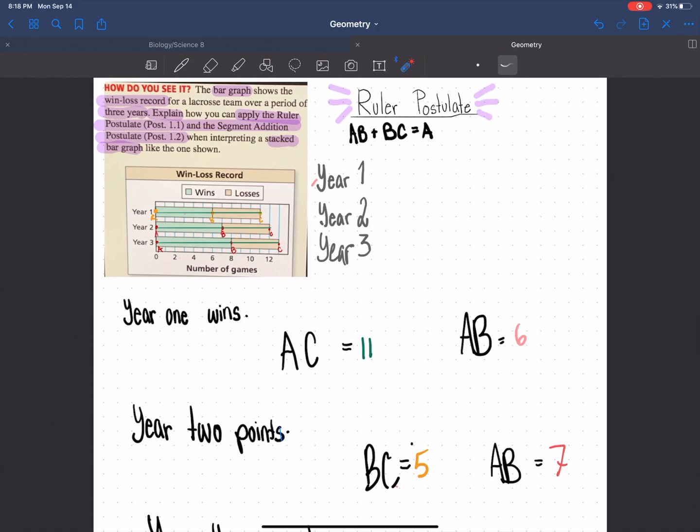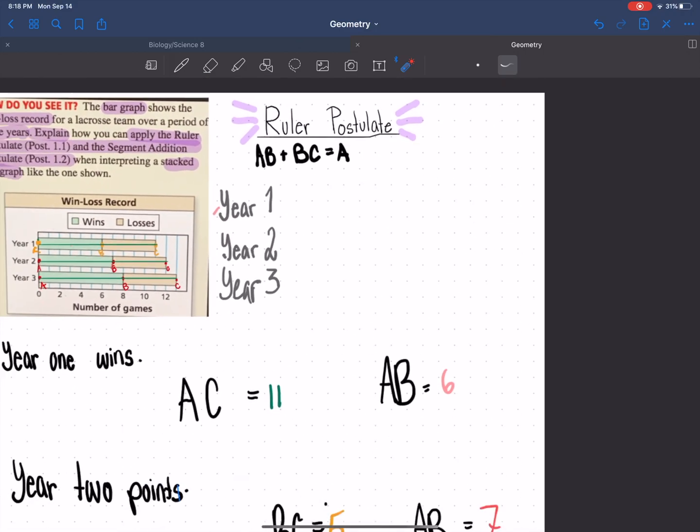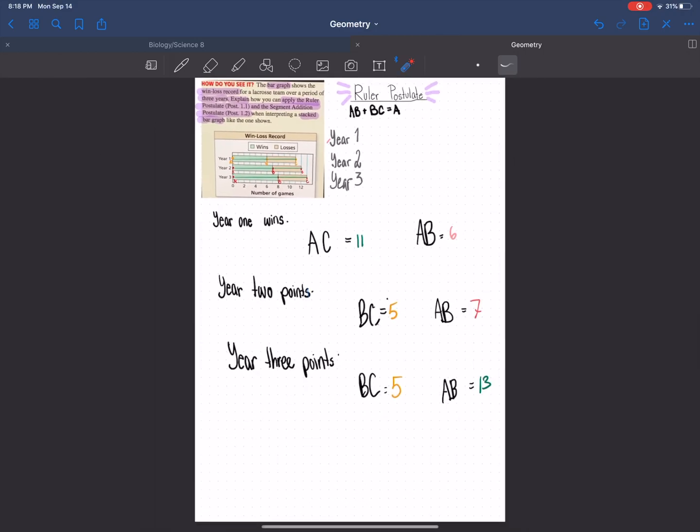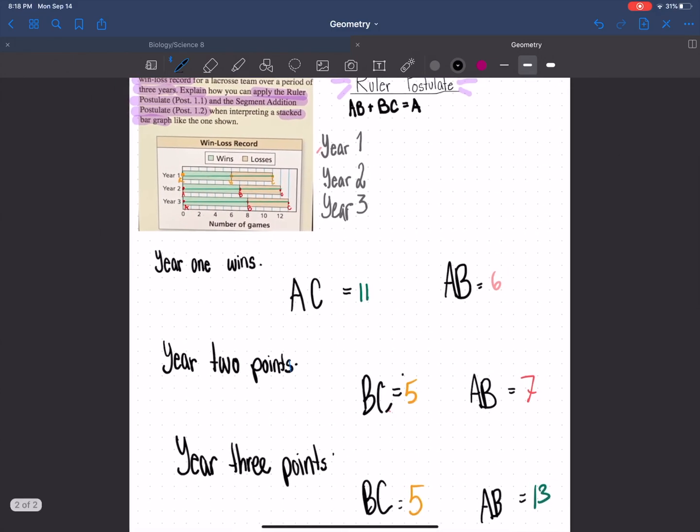Okay, so we know some values for each of the years. Now using the segment addition postulate, we can identify the last value for each of the years that we haven't yet solved. So we know that AC for year 1 is equal to 11, and AB is equal to 6.